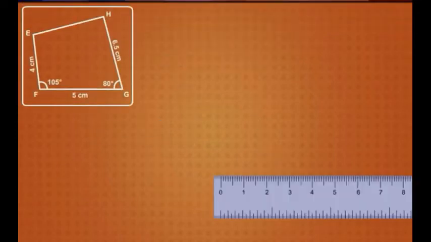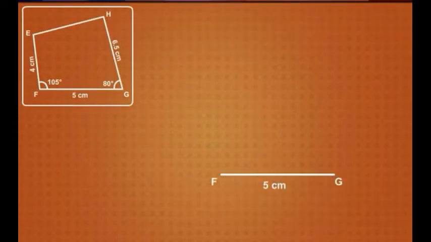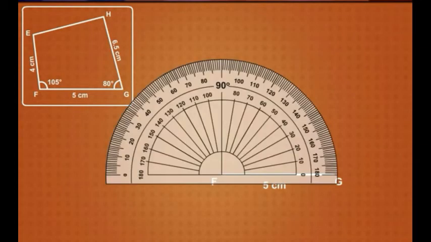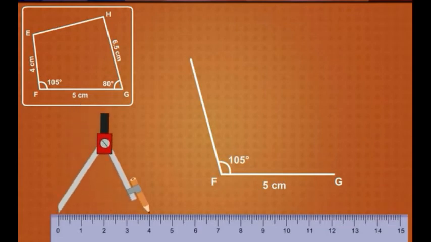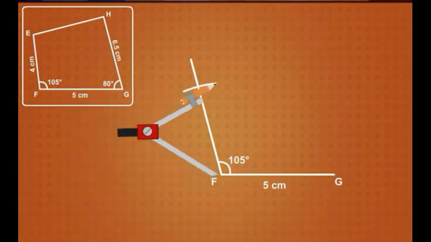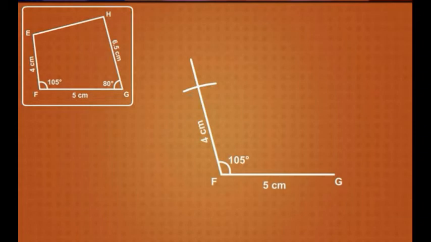First of all, with the help of ruler, draw a line segment FG is equal to 5 cm. At F, draw an angle of 105 degree by using protractor. With same center F, cut an arc of 4 cm on this angle at E, as FE is equal to 4 cm.